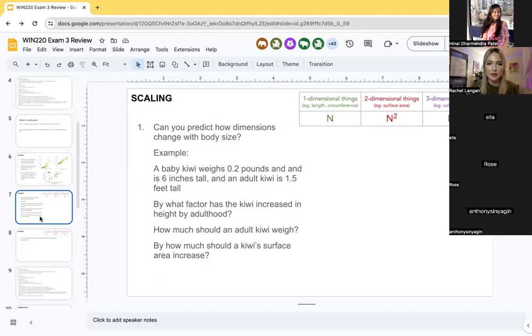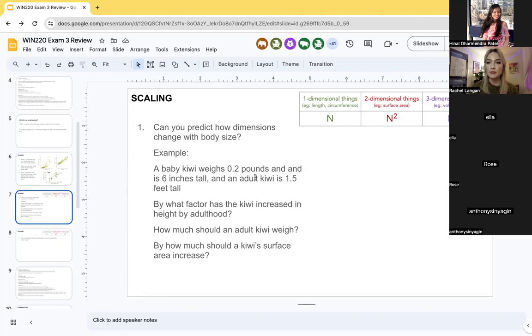And that's something I could tell you. Wouldn't you also have to be given the surface area of the baby kiwi in order to calculate the adult kiwi surface area? Yeah, exactly. So I can say that it's going to go up by 9 times, but because I don't know what the baby's was, I wouldn't even be able to calculate a bigger surface area either.